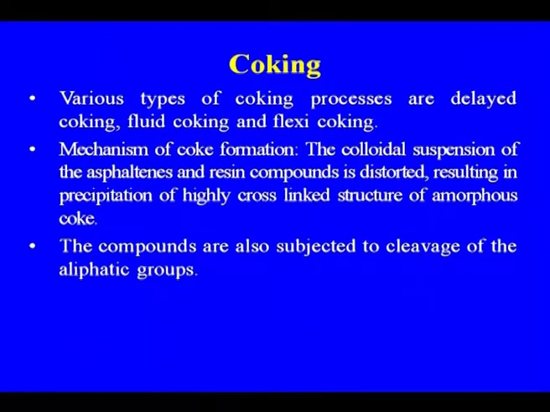Mechanism of the coke formation. The colloidal suspension of the asphaltene and the resin compounds is distorted, resulting in the precipitation of a highly cross-linked structure of the amorphous coke. The compounds are also subjected to cleavage of the aliphatic groups.